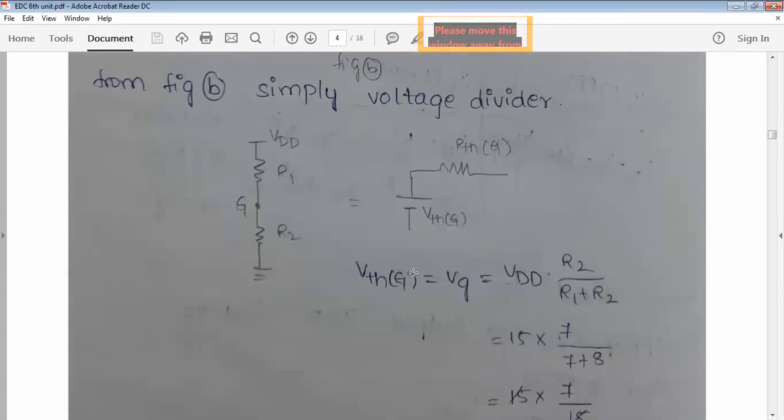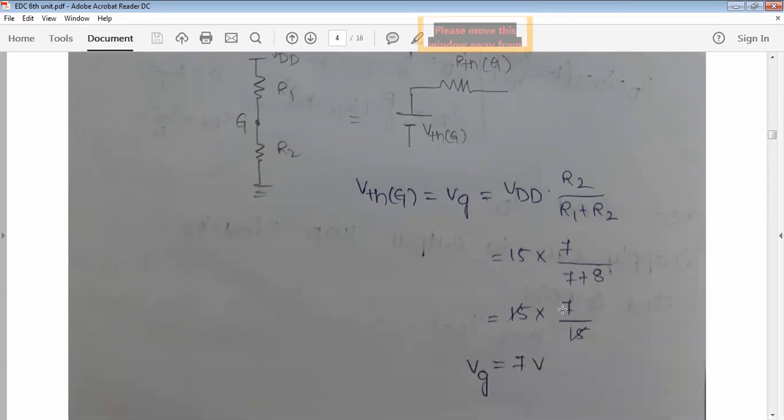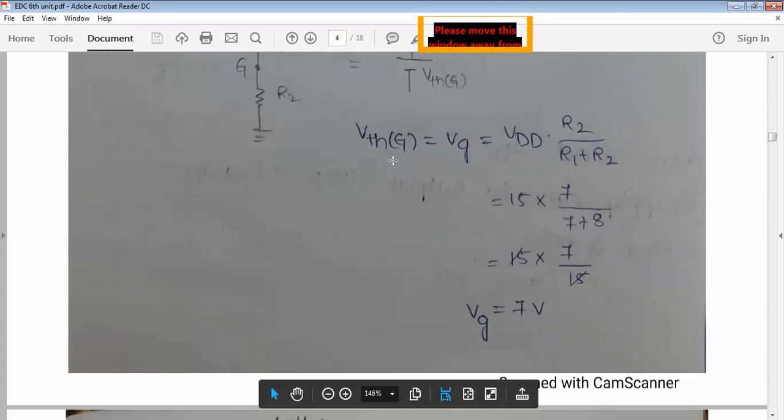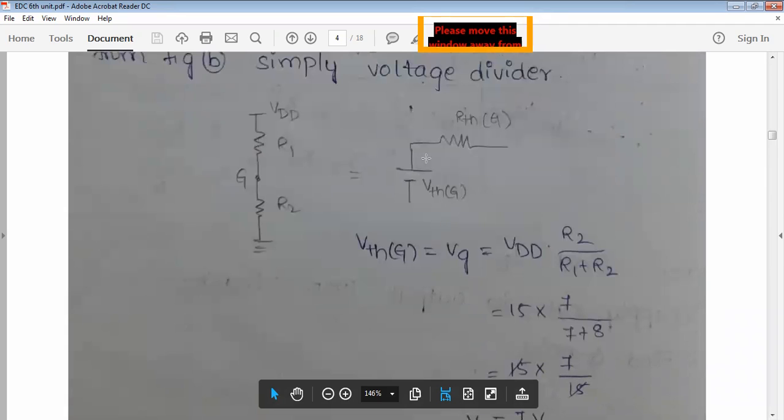Now this is the V Thevenin at gate, that is equal to Vg is equal to VDD into R2 by R1 plus R2. Given VDD 15 volt, R2 is 7, R1 plus R2, 7 plus 8, total 7 volt. So V Thevenin at gate terminal is equal to 7 volt.